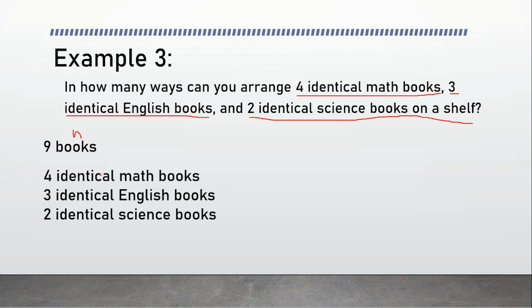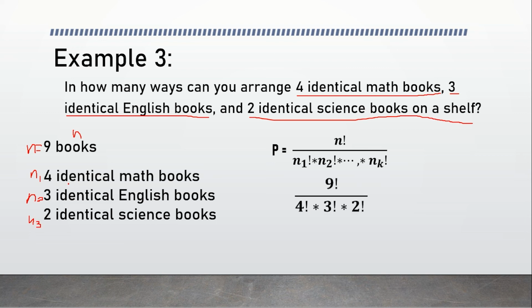Since we have 3 kinds of objects, we will use n sub 1 up to n sub 3. By using our formula, let's simply substitute the value of n, which is 9, and the value of n sub 1 is 4, n sub 2 is 3, and n sub 3 is 2. So we have 9 factorial divided by 4 factorial multiplied by 3 factorial multiplied by 2 factorial.